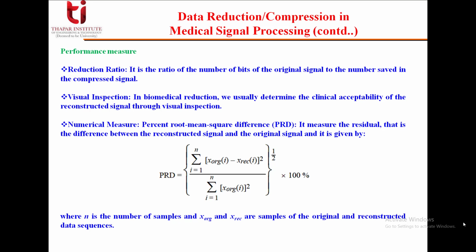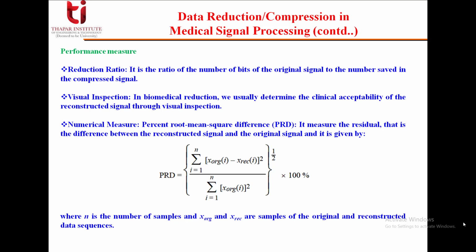If you see the equation below, that is the percentage root mean square difference, that is PRD. That measures the residual, that is the difference between the reconstructed signal and the original signal, and it can be computed as you can see in the equation.